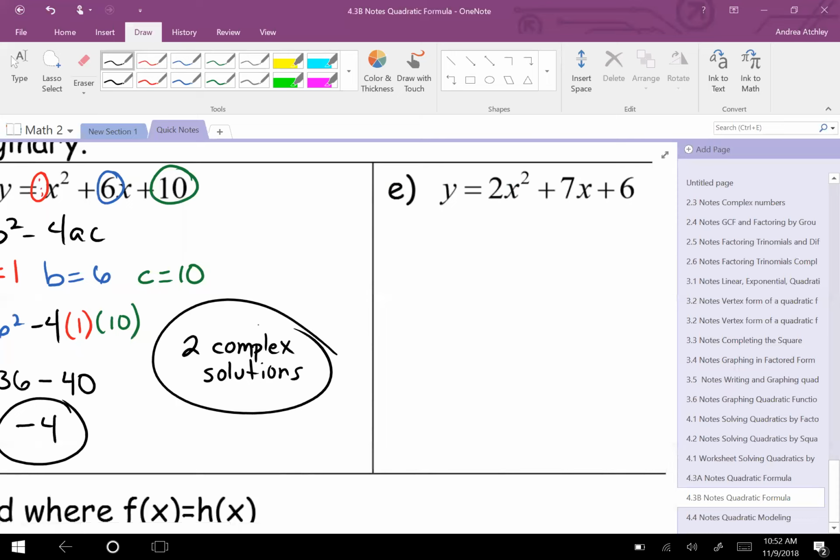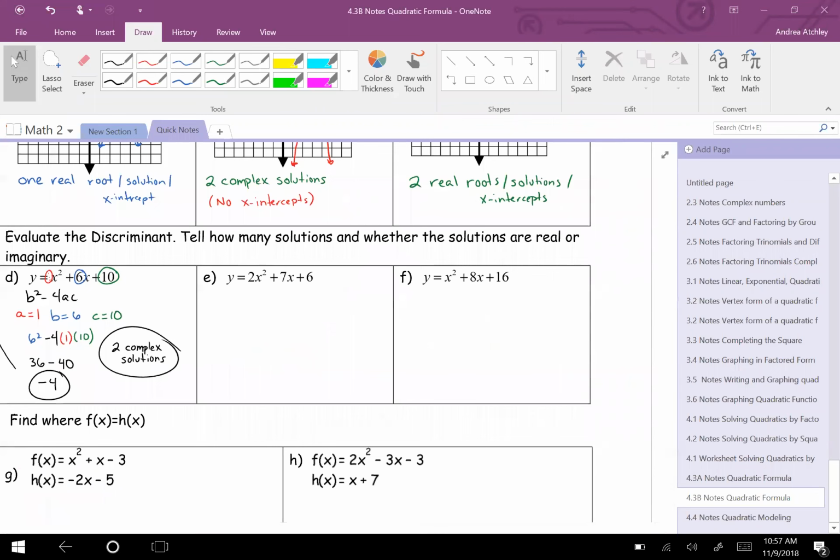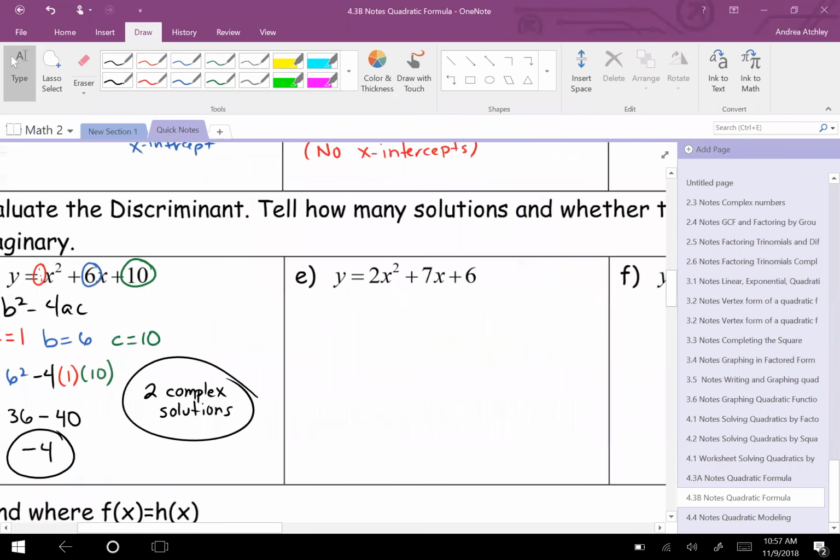Okay, do the next 2 in your pairs. Okay, so we should be getting, for this, when we do our discriminant, you got 1. But again, you look back up here.